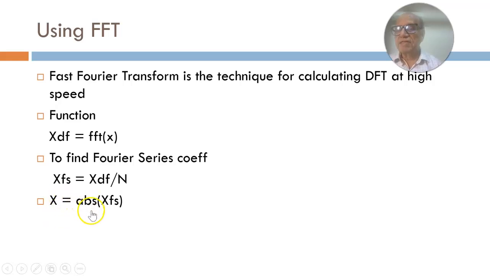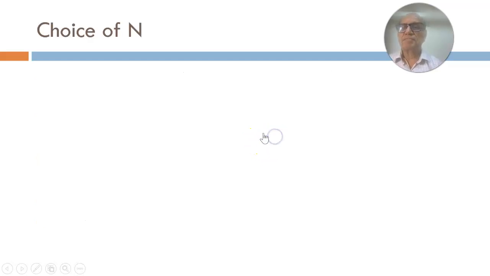So you calculate its magnitude by using the abs function, absolute of XFS, which will give you the magnitudes, and you calculate the phase by using the angle function. So XA stores the phase of the XFS. So using these, you can plot the amplitude spectrum and the phase spectrum.